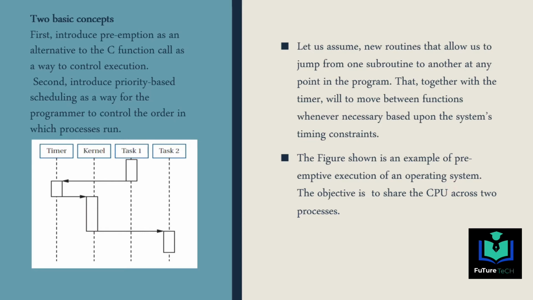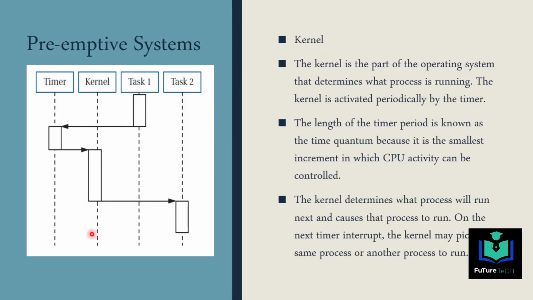In this diagram you can see the system which is called the kernel. The kernel is a part of the operating system that determines what process is running. The kernel is activated periodically by the timer. You can see that after some instant of time the kernel is activated.